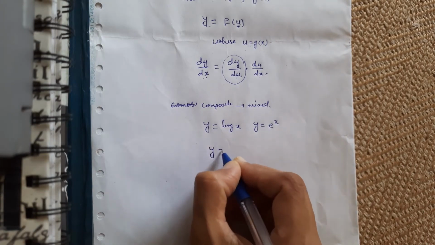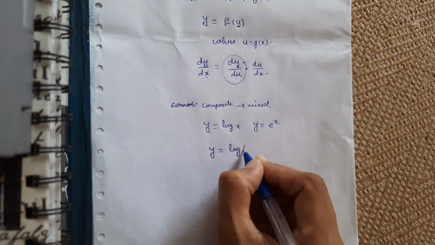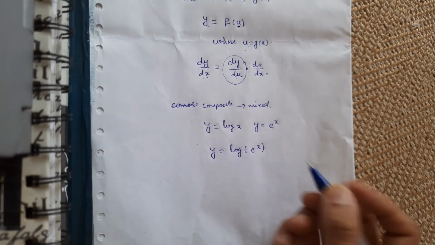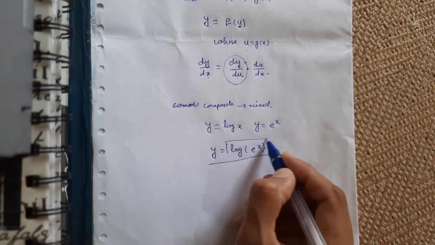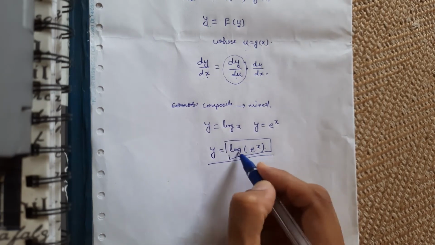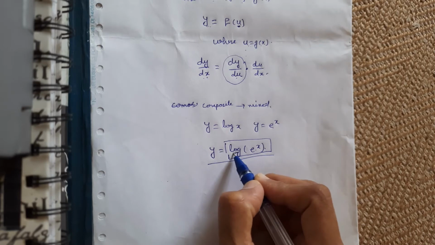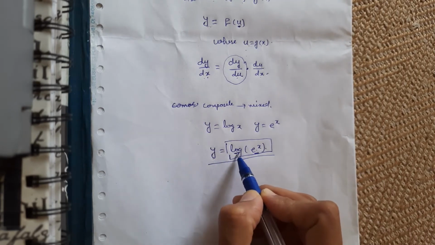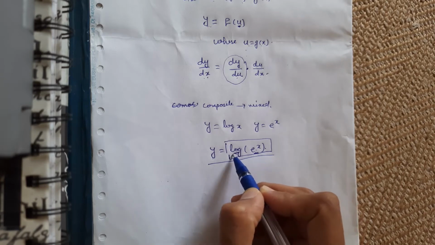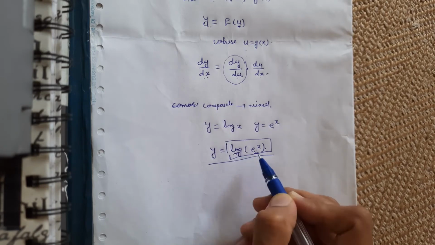But if I have a function y equals log of e to the power x, then this is a composite function, because here we have two different functions together, a logarithm function and an exponential function. This is called a composite function.